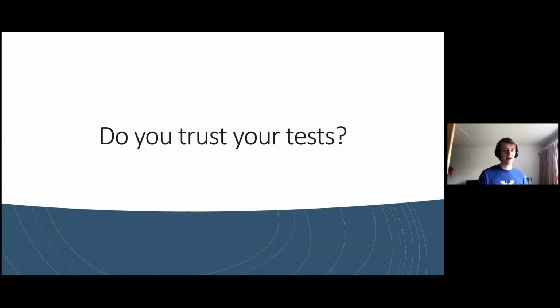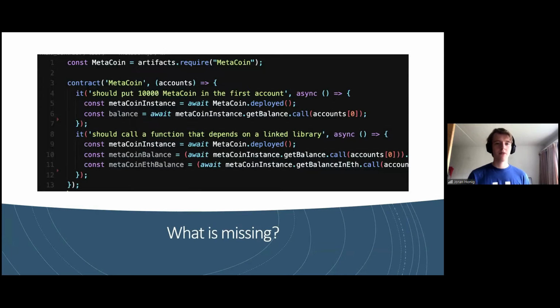Does this high score mean that you now trust your tests? This is maybe a trick question, and I'll show you why. Here I took some unit tests from the Metacoin truffle box and removed some statements. If you look carefully, you see that some of the variables are grayed out, which is a hint to what I removed.